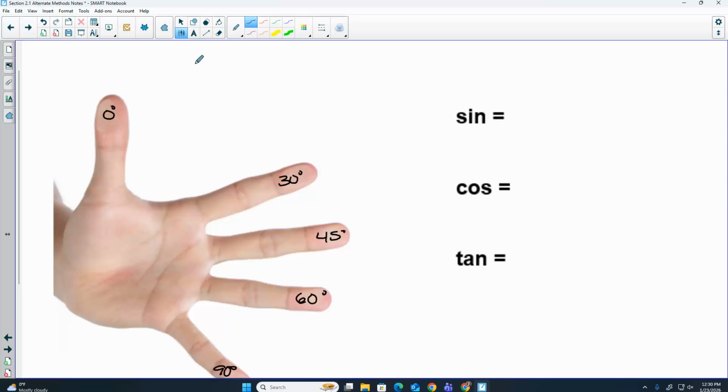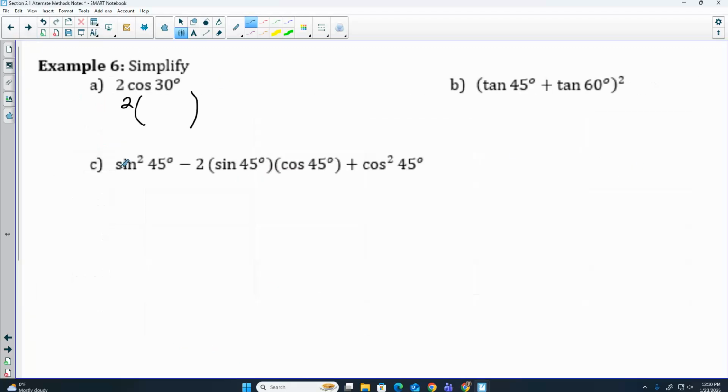And I want a cosine. Remember, cosine is the square root of the bottom over 2. So how many fingers do I have below my 30-degree finger? So it's radical 3 over 2. What happens if you do 2 times radical 3 over 2? You just get radical 3.